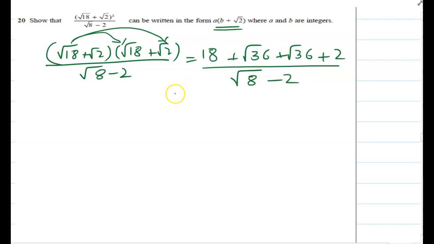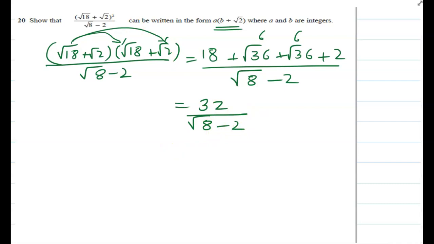Okay, so here 18 plus 2, and root 36 is 6, and 6 plus 6 is 12, 12 plus 2 is 14, 14 plus 18 is 32, over root 8 minus 2.